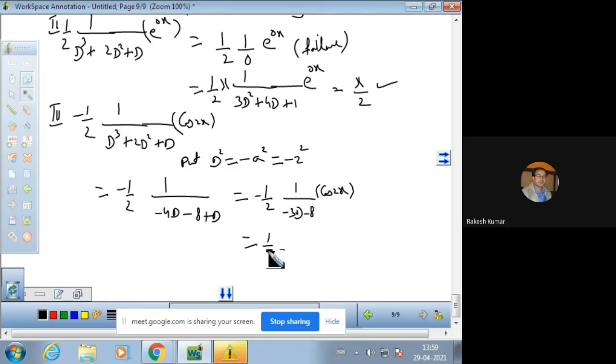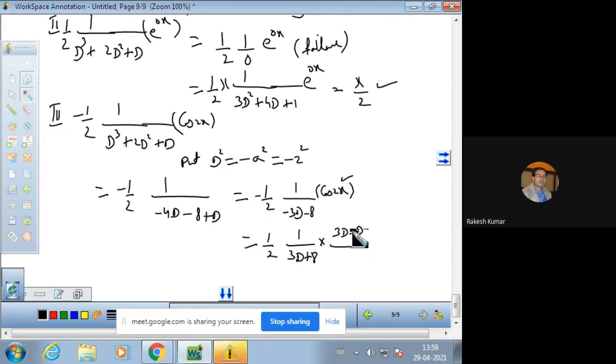Minus can be taken common, and you will have 3D plus 8 now, and minus minus will become plus. Now this is a linear factor in D, because we have a trigonometric term, cosine. In the case of cosine and sine, we need a quadratic term. So for making it quadratic, or a term with degree 2, you need to rationalize it.